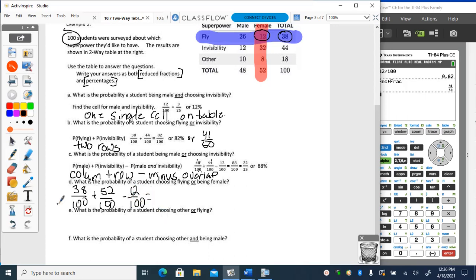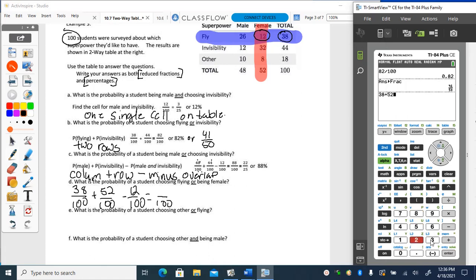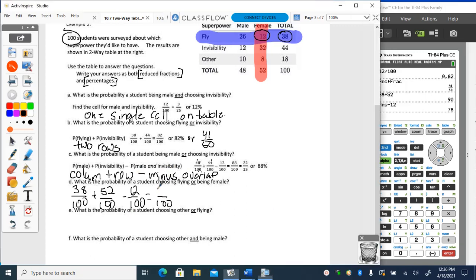And again, since we're subtracting fractions and all those denominators are the same, we just need to combine our numerators. 38 plus 52 minus 12. And that gets us 78 over 100.